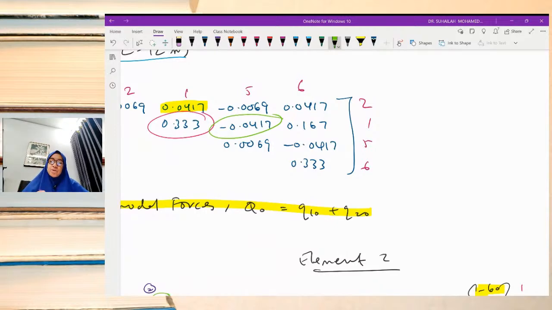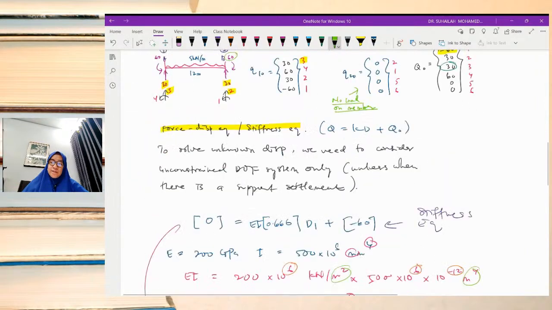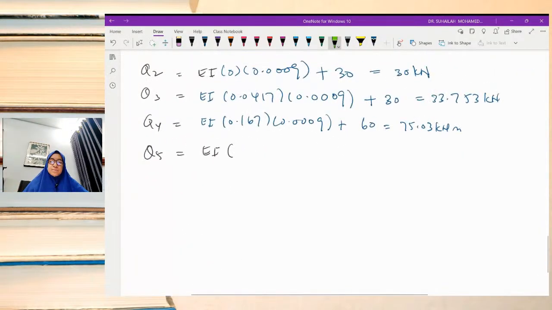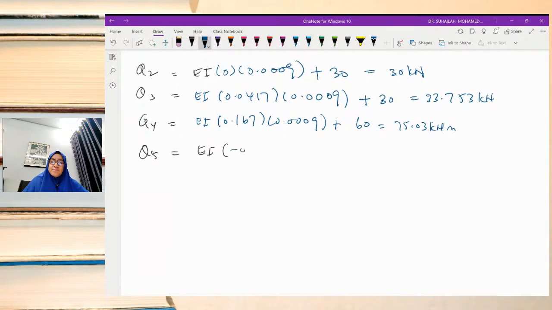Negative 0.0417 times 0.0009 plus 0. So what is the answer for Q5?